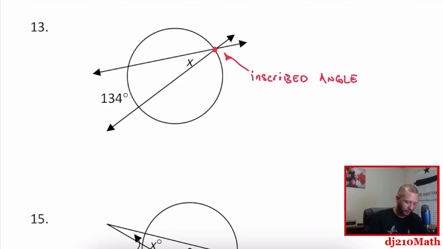So this value is 1/2 whatever this arc is. And here it tells us that the arc is 134. So half of 134 looks like 67. Is that true? 134 divided by 2, 67 degrees. X is equal to 67 degrees. Okay, inscribed angle is half.